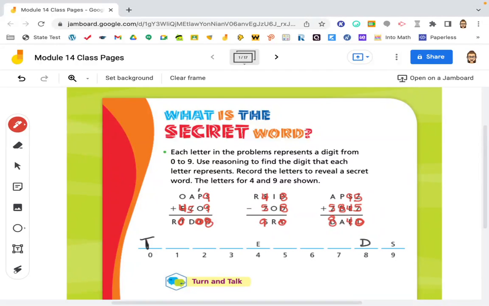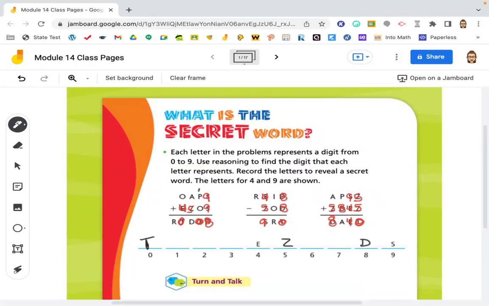Okay. So then we're kind of looking here. We have some options. So here we can look at the R a couple different ways.